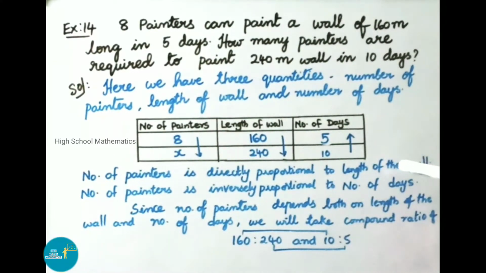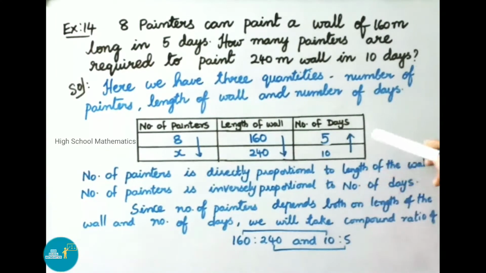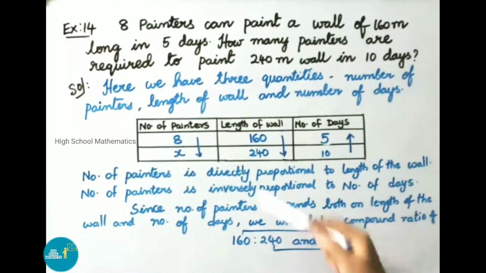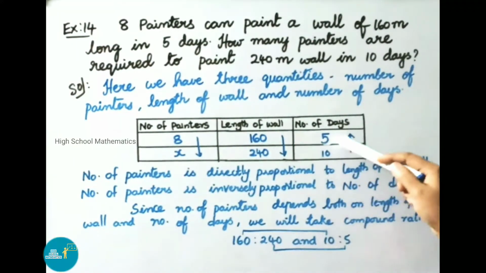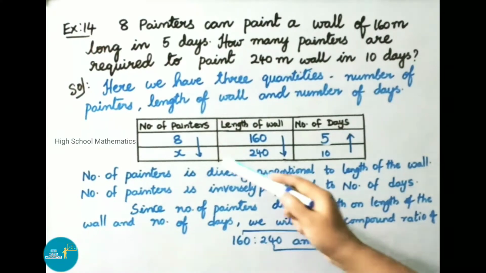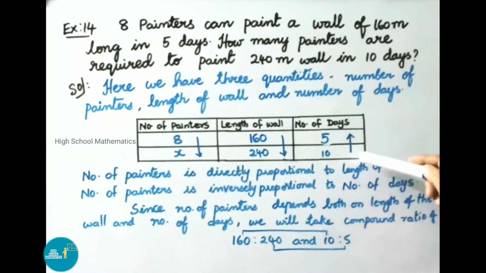So we have drawn a tabular form having three columns. 8 painters can paint 160 meters length of wall in 5 days. Then how many painters will paint the length of wall in 10 days?